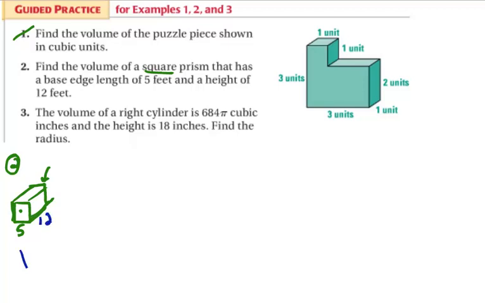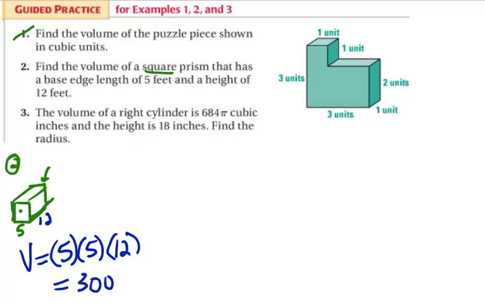So if I want this volume, I need the area of the base for a square. That's going to be length times width, 5 times 5. And then times the height, which is 12. So when we multiply that out, we're going to get 300 feet cubed. Volume is a cubed unit. And we were in feet, so we've got feet cubed.